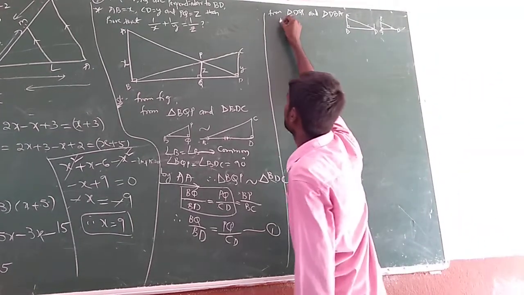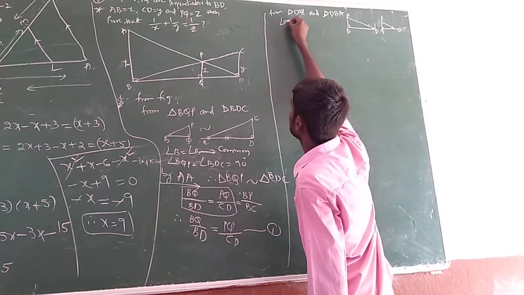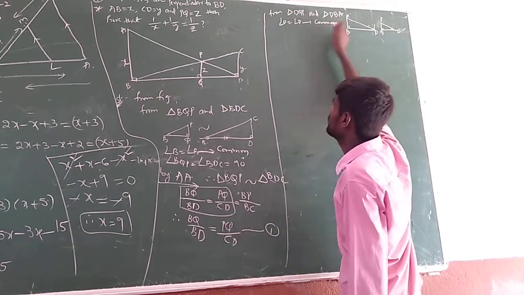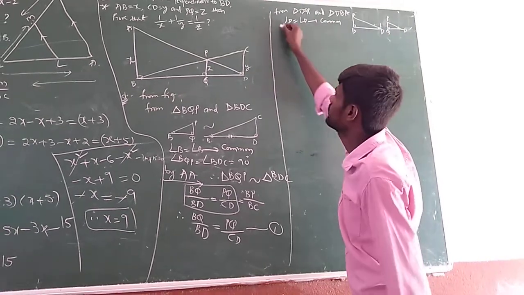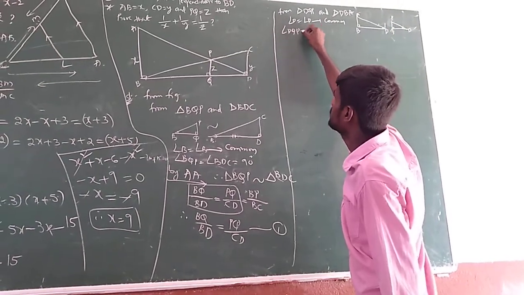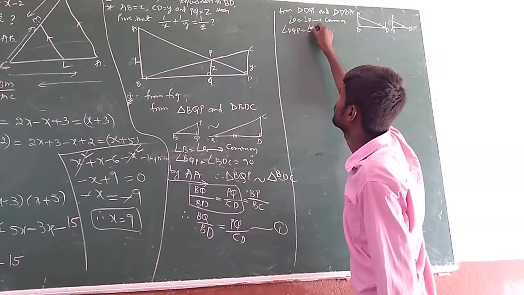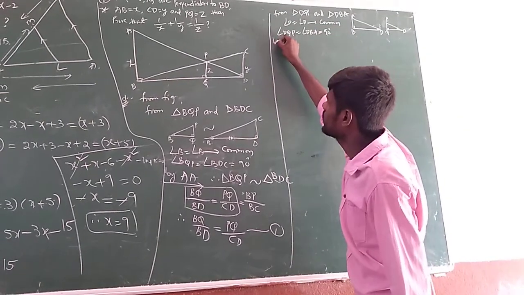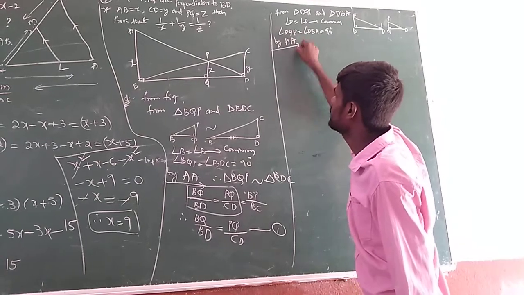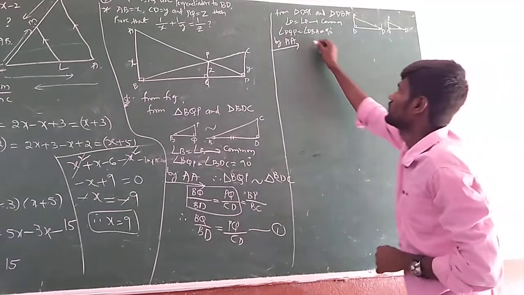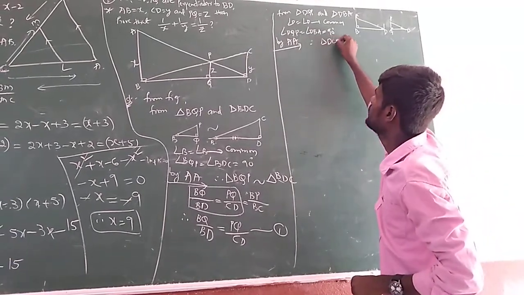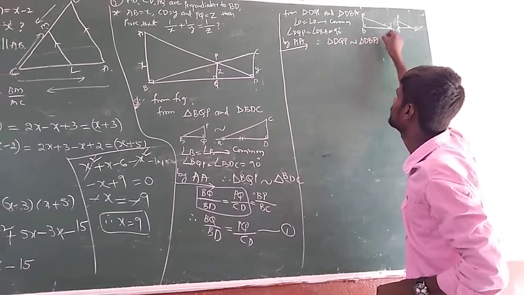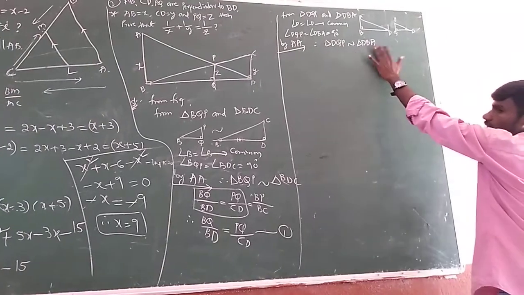So write first of all, angle D equal to angle D, common angle. Next, angle DQP is equal to angle DBA, equal to 90 degrees. So if two angles are equal, by the similarity criteria, triangle DQP is similar to triangle DBA.